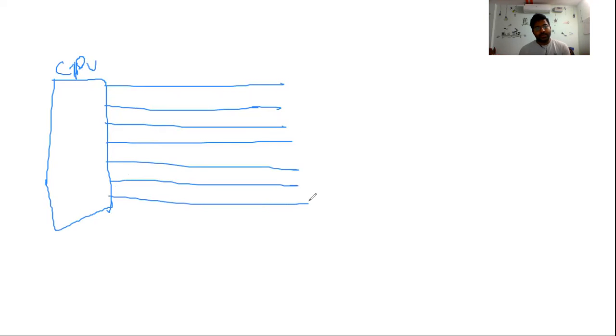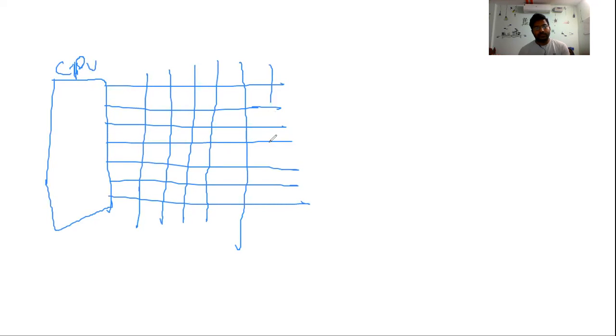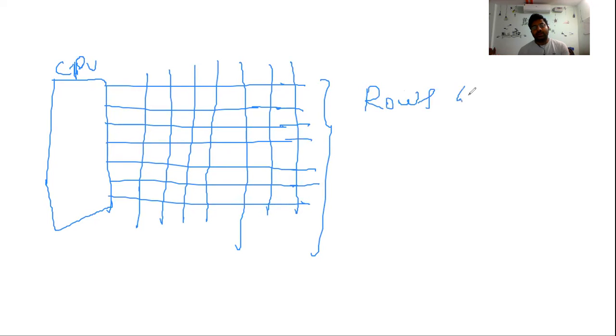These address lines are connected to these rows and columns, n rows and n columns, 2 power n.